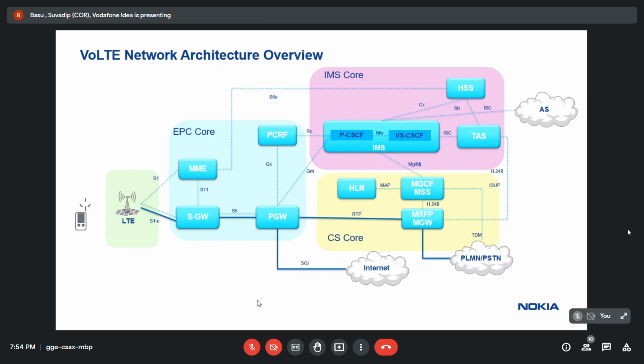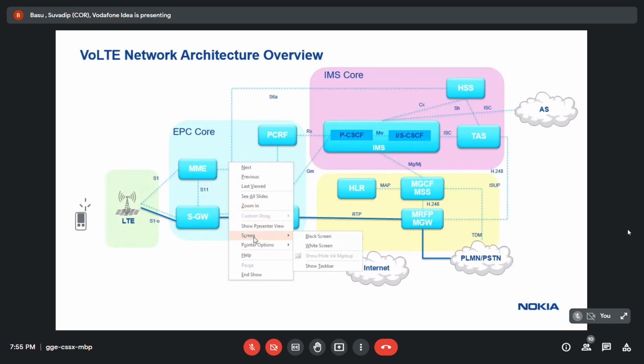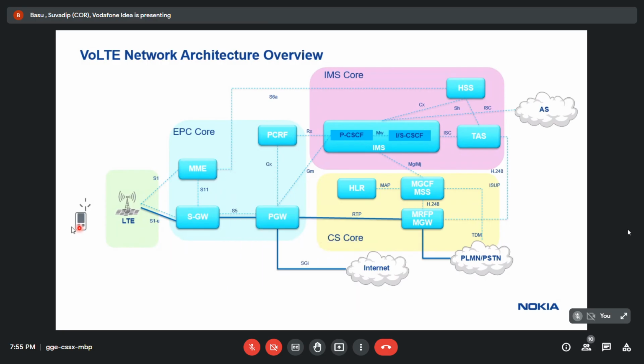Now this is the basic architecture of VoLTE. So this is your handset and this is your eNode B. Okay.